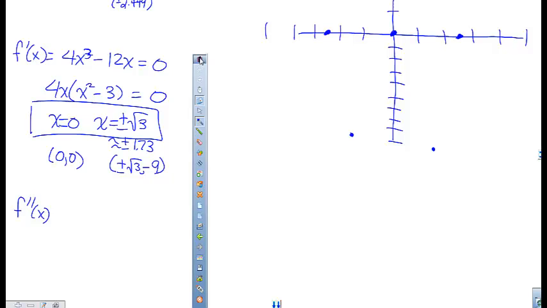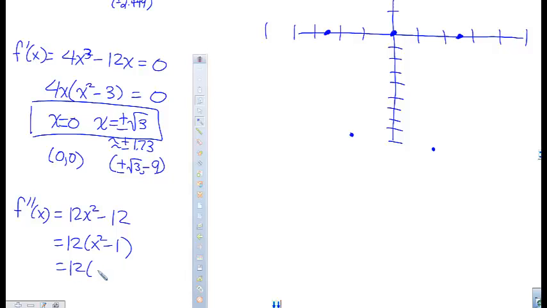Okay, second derivative is 12x squared minus 12. Okay, so we can factor off a 12. And this factors as basically x minus 1 times x plus 1. Get x equals plus minus 1.